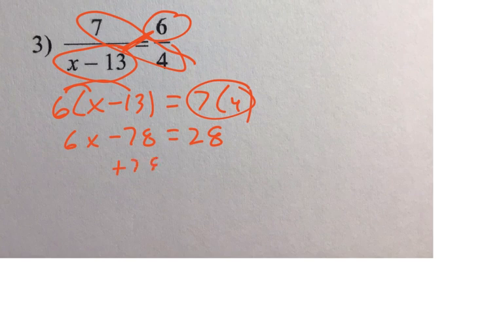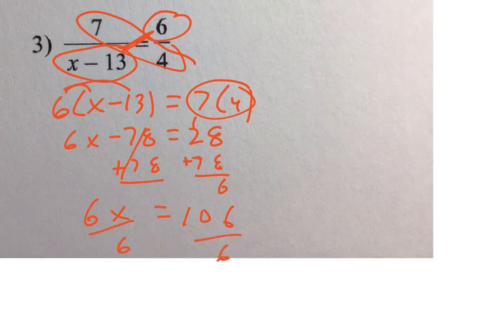We're going to add 78 to both sides. So 6x must equal 106. Make sure, 16, 1, yep, 106. And therefore, we're going to divide by 6.